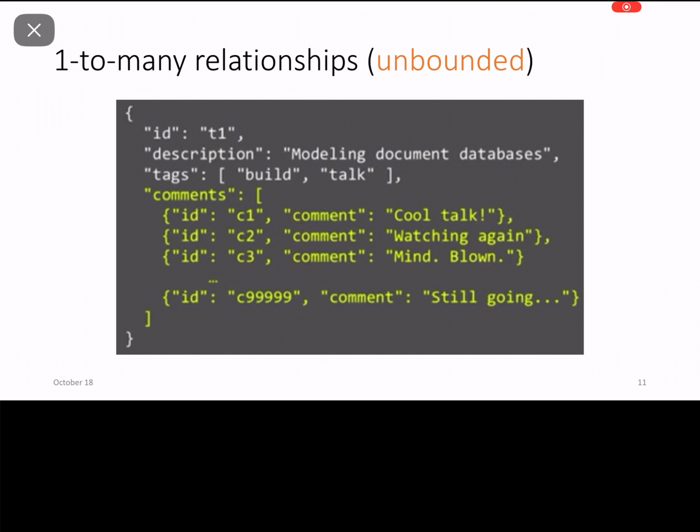The yellow fonts here show another property, or name-value pair, known as comments. That comments property is actually a list of documents, because you have the square brackets at the outer side, and you have 99,999 pairs of curly braces, which indicate 99,999 documents.